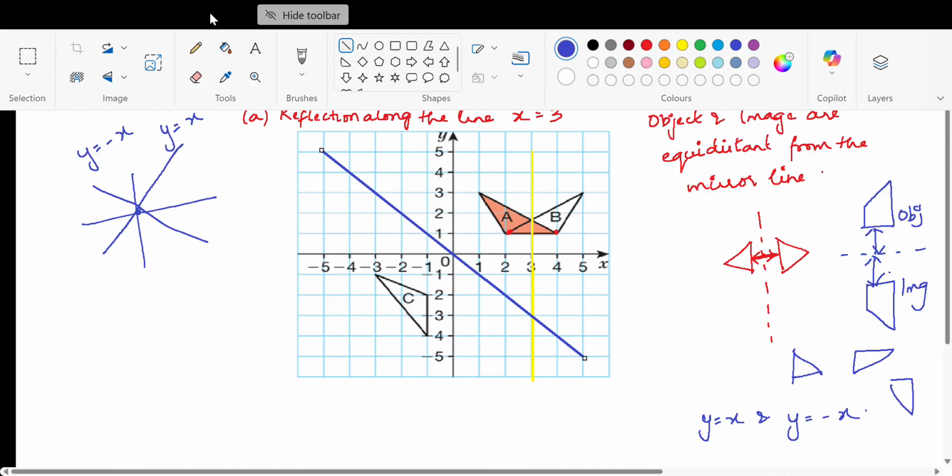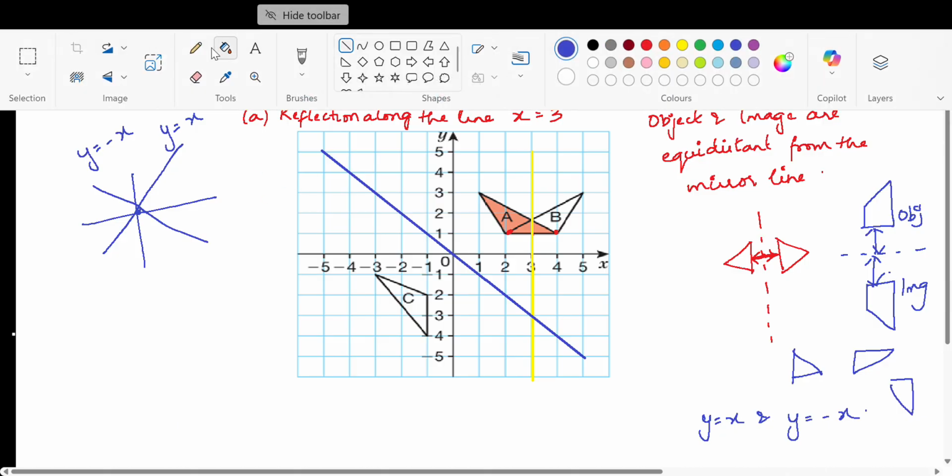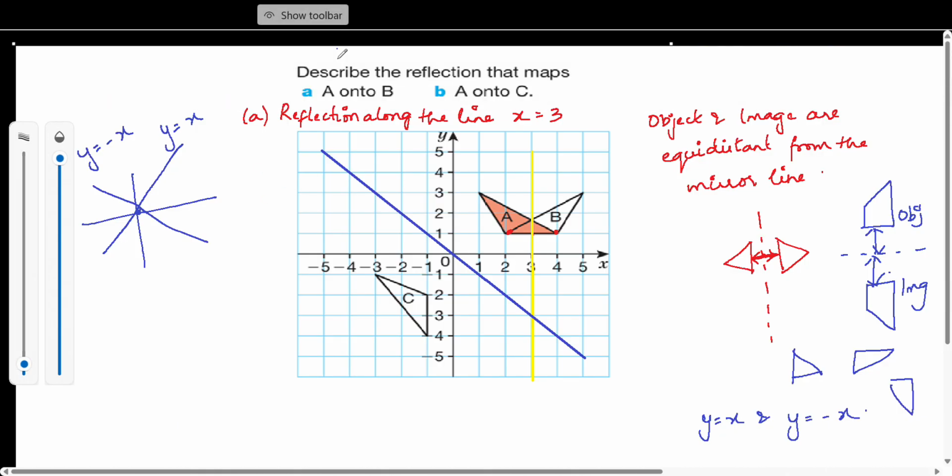So now that this is done, this is, like I said, y equal to minus x. So this should be reflection along y equal to minus x. This is B.